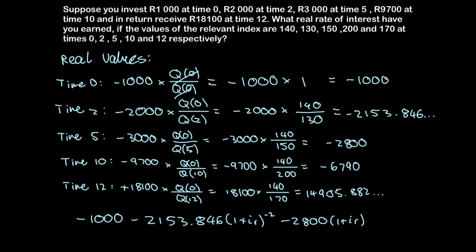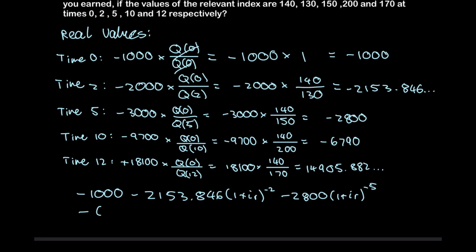And we discount that by the real rate of interest by 5 points in time, so minus 5. We know that occurred at time 5. And then we do a similar thing for the real value minus 6,790, which occurred at time 10. So we got to move that back 10 points in time. I chose time 0 to be where I'm moving all my cash flows to. So I didn't actually have to discount 1,000 because it occurred at time 0. But the cash flow that occurred at time 2, its real value, I have to discount by 2 time periods to get back to time 0.